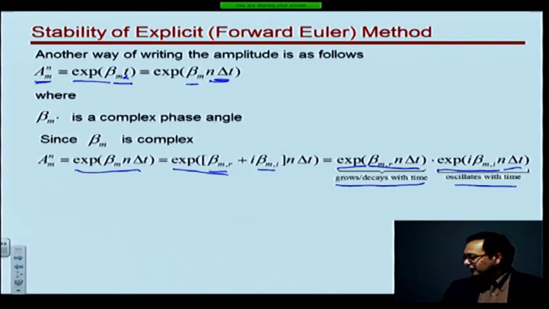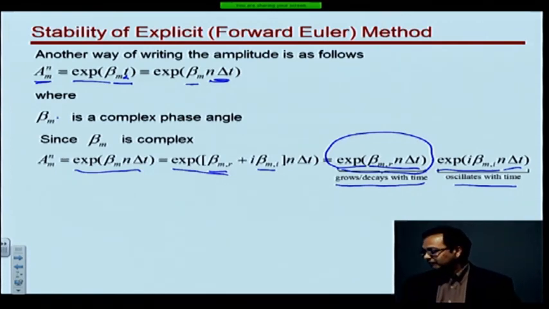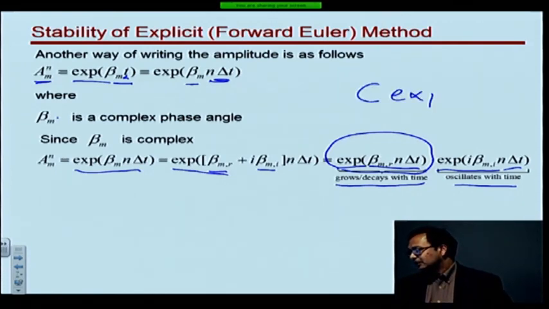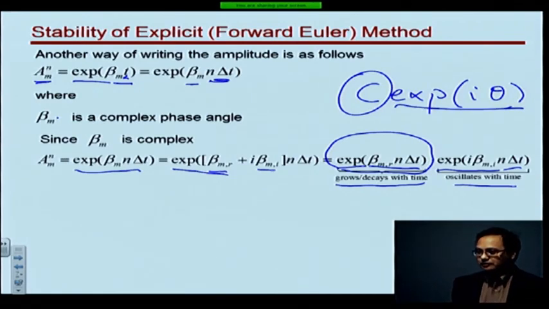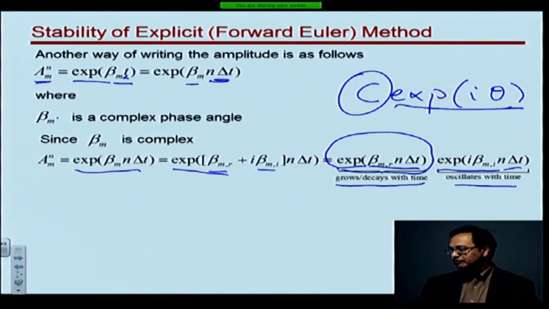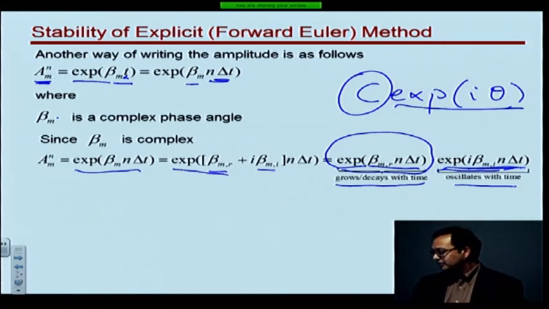And then this is really the amplitude that can grow or decay with time. It's kind of like writing constant times exponential of I theta. So this guy can grow or decay with time, the amplitude, and this guy is oscillatory. So just another way of writing the amplitude so that we have a time wave here.